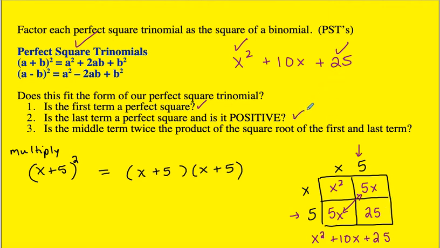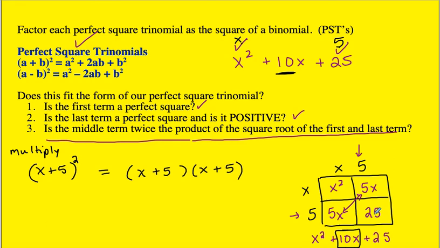And it is. Now here's the hard part. Is the middle term twice the product of the square roots of the first and last terms? Well, their square roots would be x and 5. So if I multiply 5 times x, this number needs to be double that, which is how we came up with it. If it is, it's a perfect square trinomial.